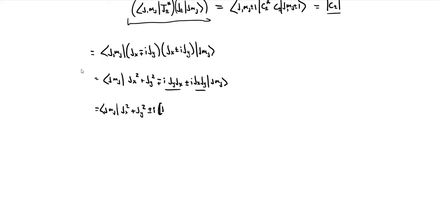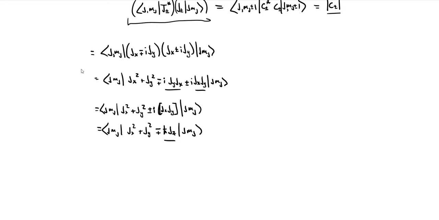So we'll just do that, JX, JY, acting on JMJ. This whole thing, again, is JX squared plus JY squared minus plus, because of that i h bar, the commutation relationship being equal to i h bar JZ. This is just minus plus h bar JZ acting on JMJ.